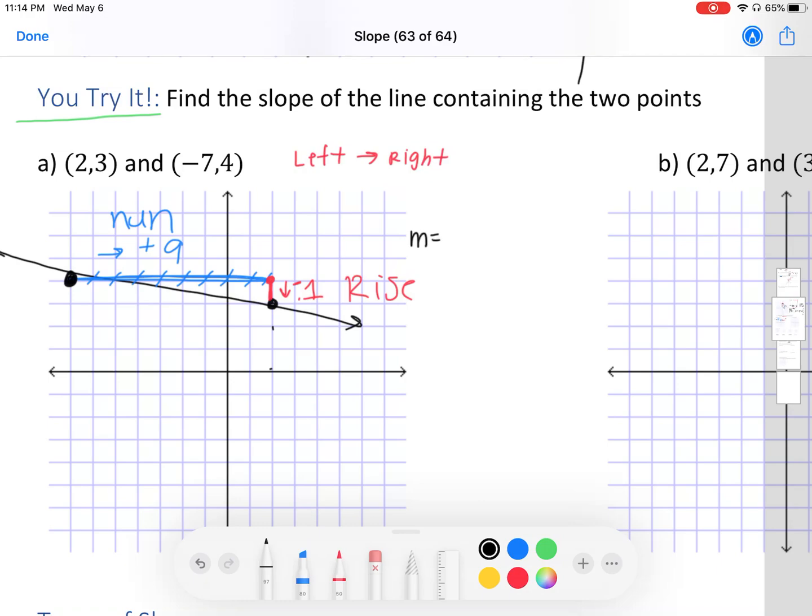Our slope, our rise over our run, is made up by a rise of negative 1, and a run of positive 9. So my slope is negative 1 over 9.